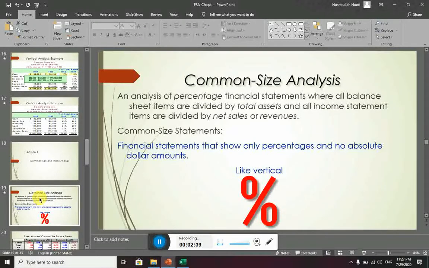It means we used to find out what is the contribution of each item in the total of another item in the financial statement.